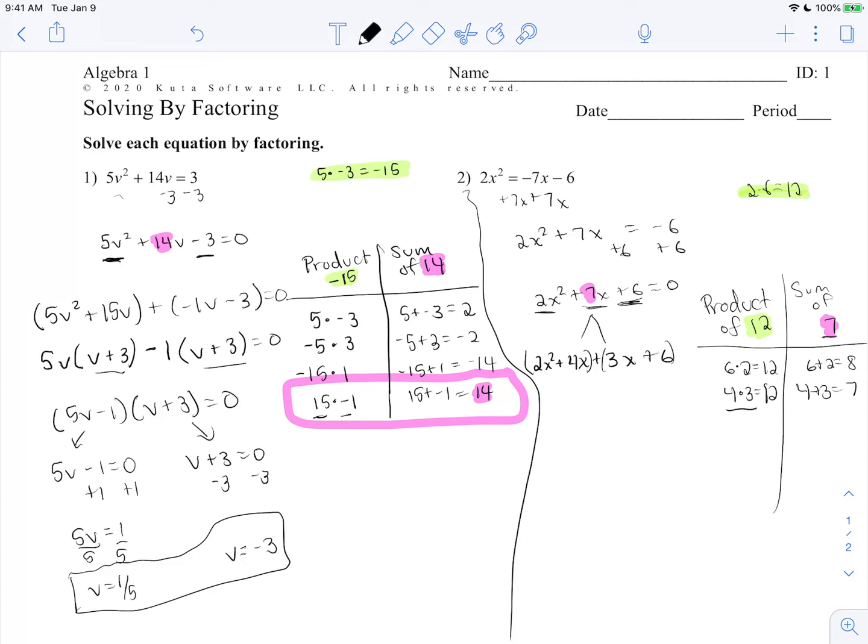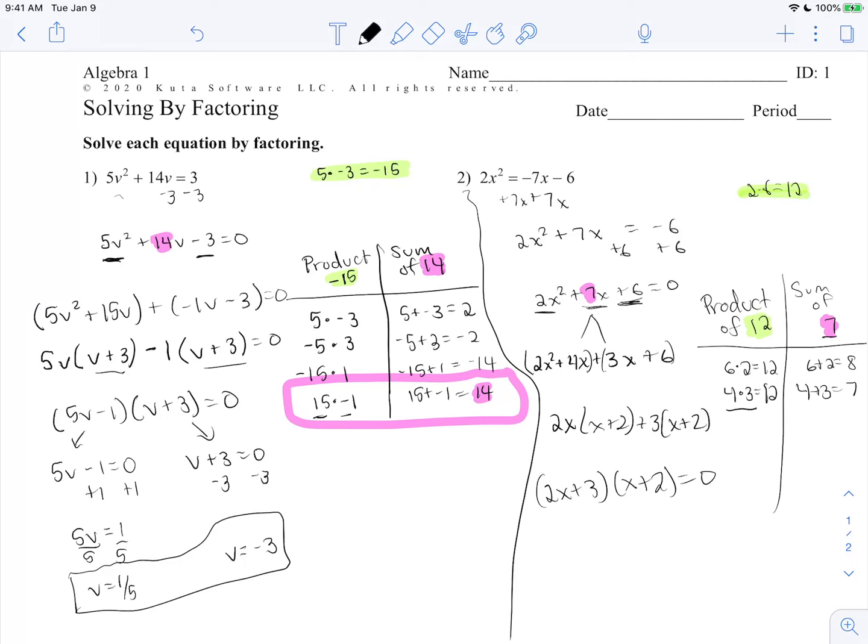Now we'll look for a common factor within these pairs. For this first one, both those numbers are divisible by 2x, leaving us with x plus 2. Next one, 3x and 6, both divisible by 3, so left with x plus 2. So we have 2x plus 3, x plus 2 equals 0.